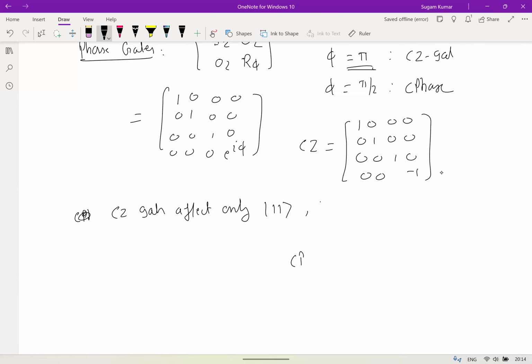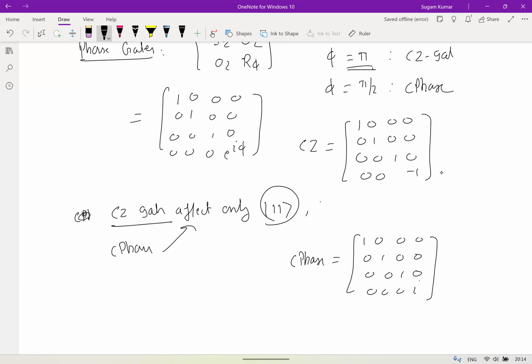Similarly, you can see the C phase gate. What did you put? Pi by 2. So when you put pi by 2, then the value is going to be i, simply iota, correct? That is the C phase gate. Both the C phase gate and the CZ gate affect only the state 1, 1. They are not going to cause any change on the other states.